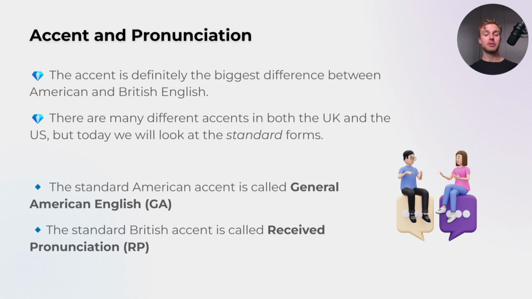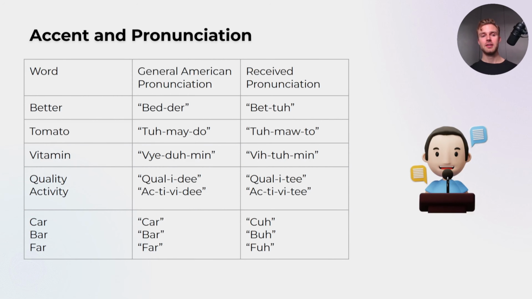When we talk about the standard American accent, we're talking about something called General American English, or GA. The standard British accent is called Received Pronunciation, or RP. Now, I have a list of words with their American pronunciation and their British, or received, pronunciation.